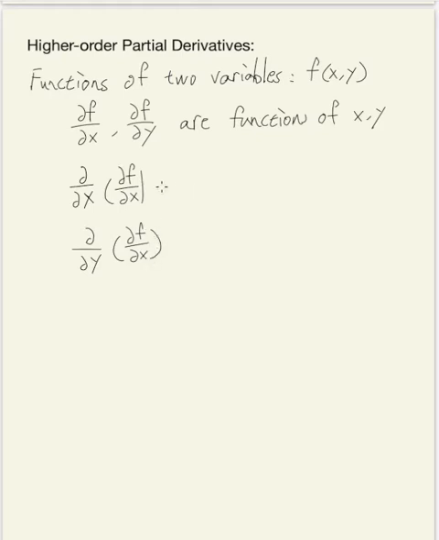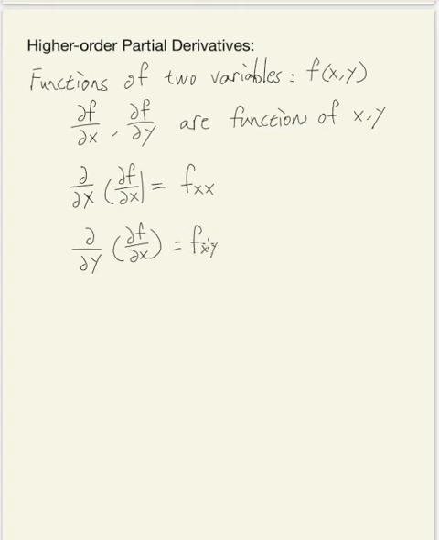This can also be written as f xx, which means we're taking two partial derivatives with respect to x, and this is f xy.